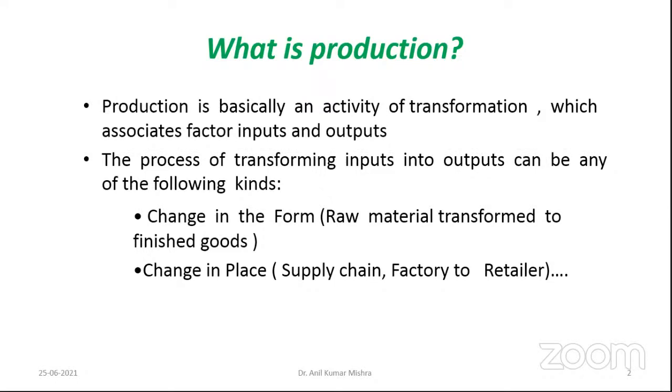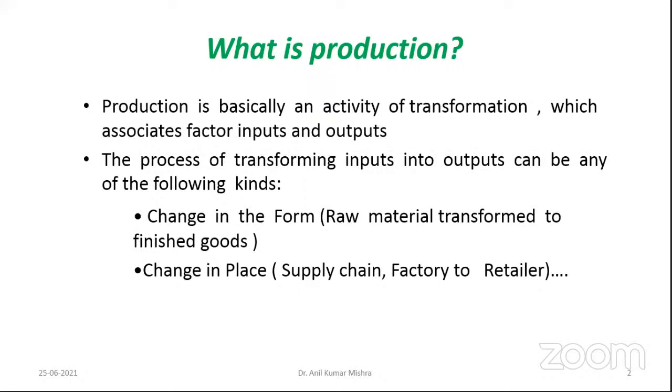Creating those services is also production. Similarly, salons, restaurants, and different types of hotels are service centers that provide services. Those are also production. So production is either goods or services.